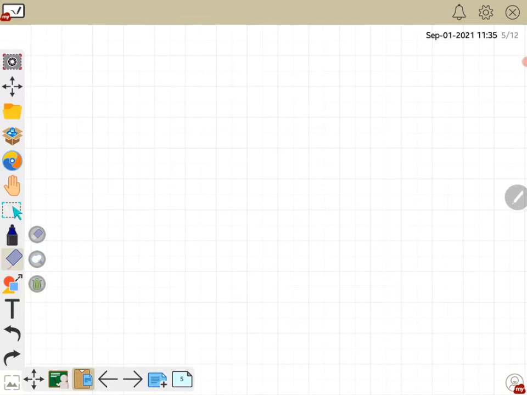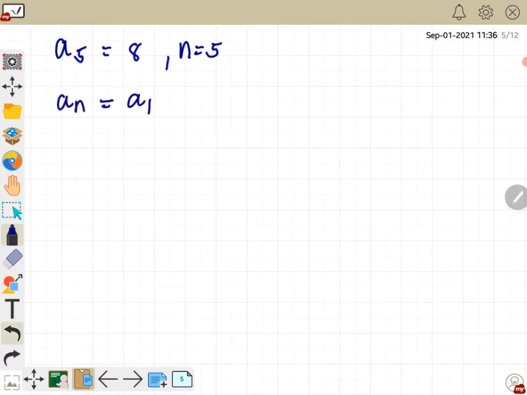So you have a sub 5 equals negative 8. That gives us n equals 5. So let's just substitute it in a sub n equals a sub 1 plus n minus 1 times d.